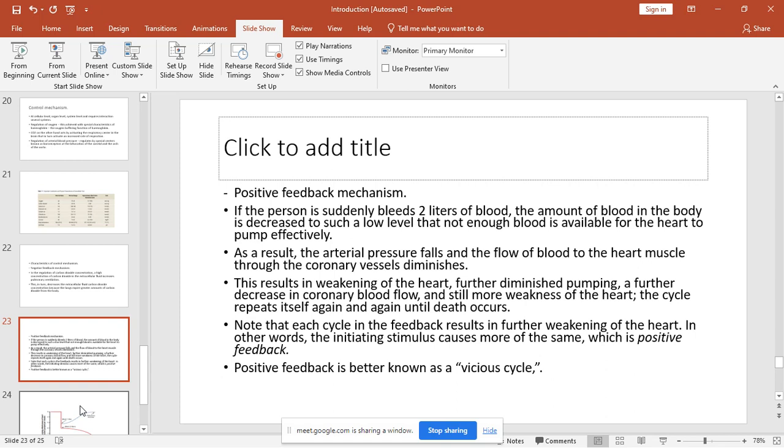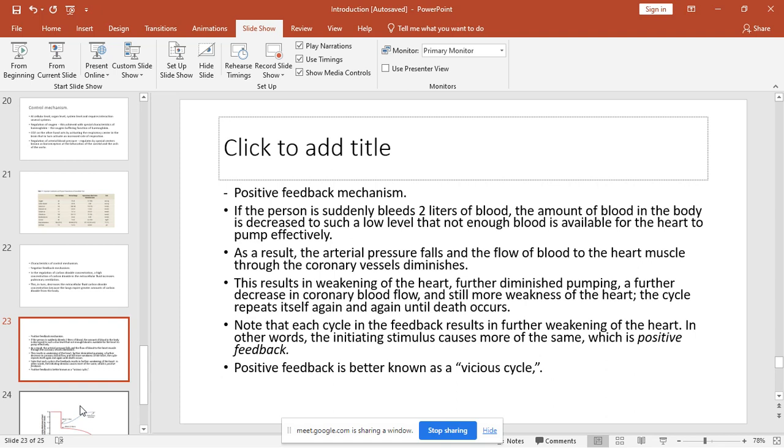One of the mechanisms of your body trying to recover from a reduction in pressure as a result of bleeding, there are many others, but one of them is that the body will increase your heart rate, so it will contract faster and contract more. But if there's reduced perfusion to the myocardium, which is the muscle of the heart, because there's not enough blood pressure to reach these muscle cells, your heart will become weaker and weaker.